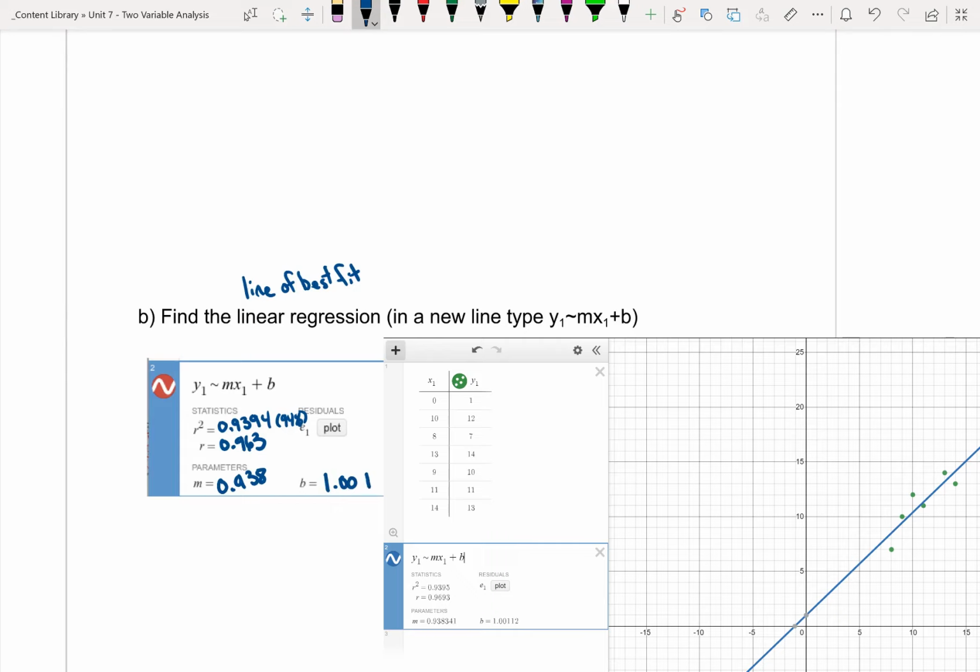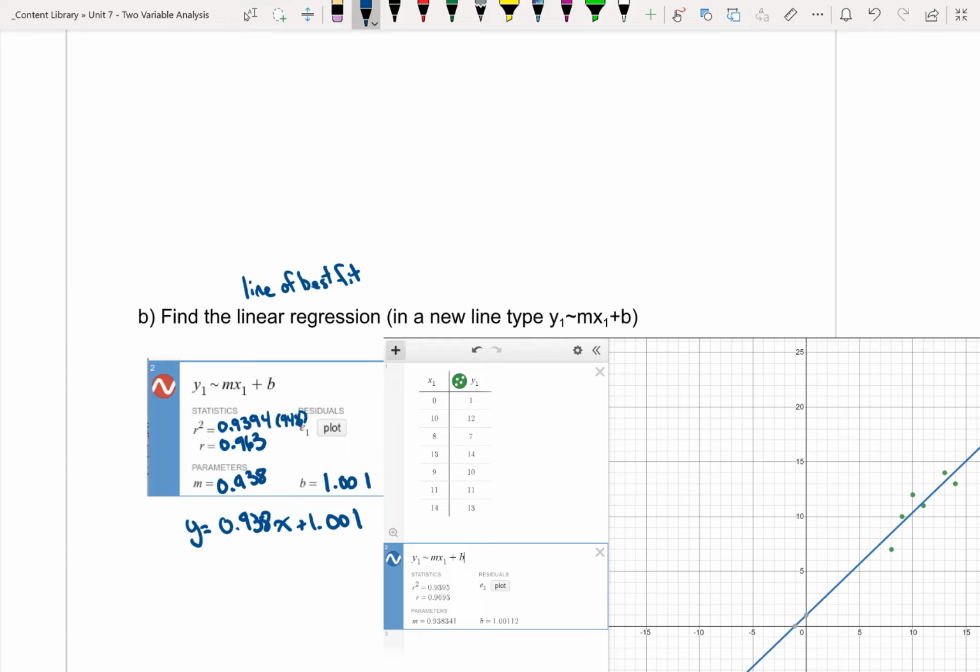1.001. So what this tells us is that we have a linear equation of y equals 0.938x plus 1.001, and this linear equation is our line of best fit, which gives us an r value of 0.963, which means it is a strong positive, and an r squared value of rounding to 0.94, which means 94% of the variation is due to the independent variable, and 6% is due to randomness.